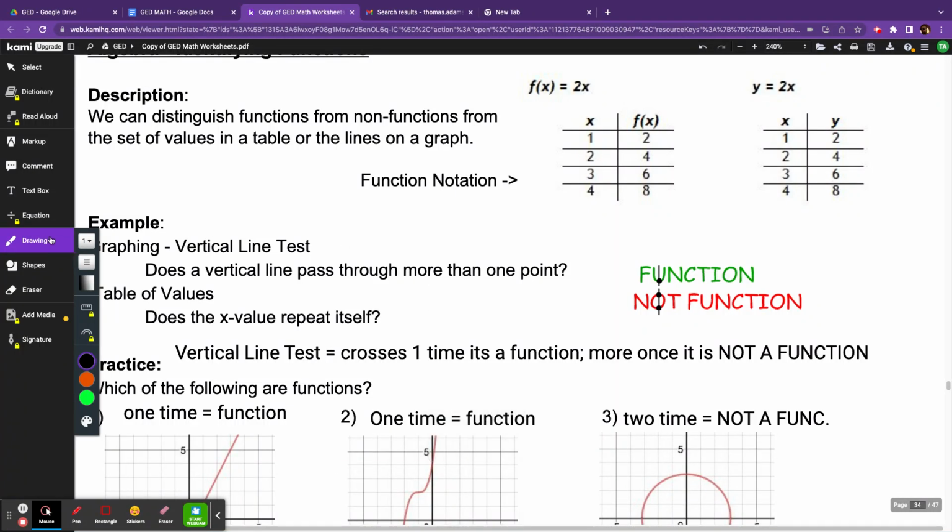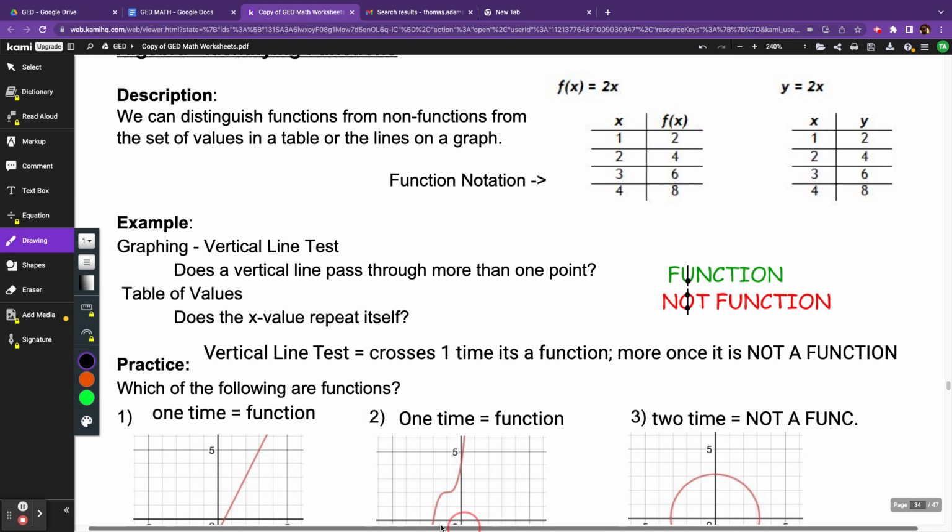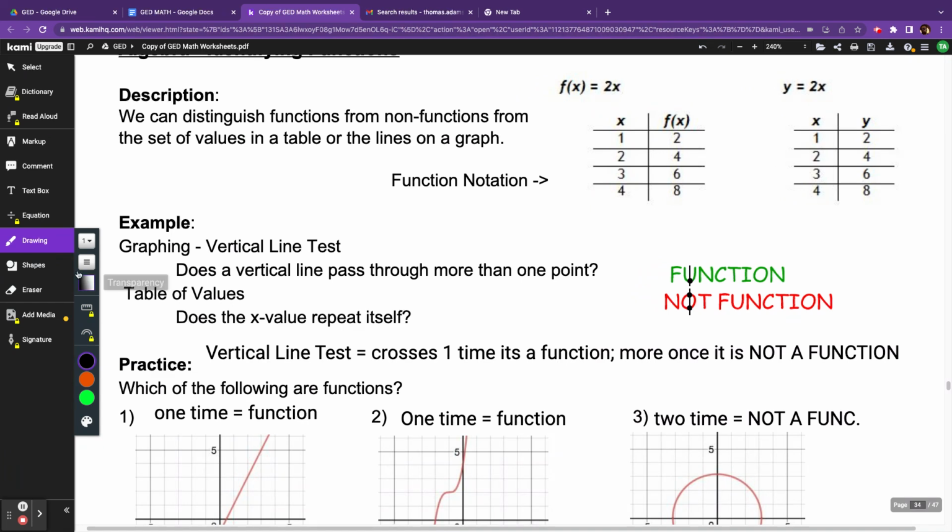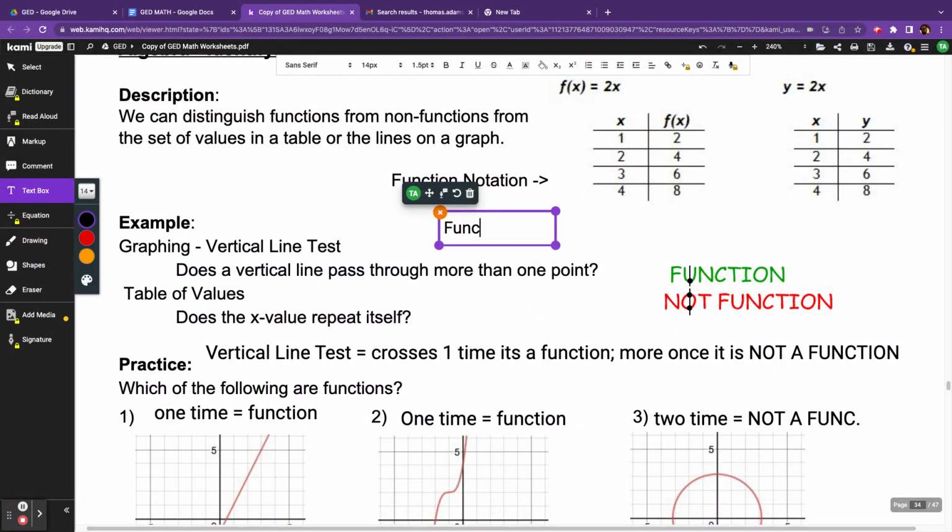So for this one, we're trying to figure out what's a function and what isn't a function. And there's an easy way to do it, but here's what I want you to write down because it'll make it a lot easier. Functions: no repeating x's.